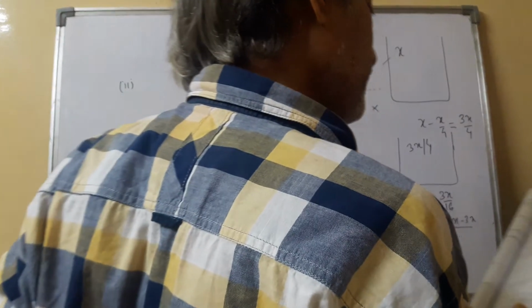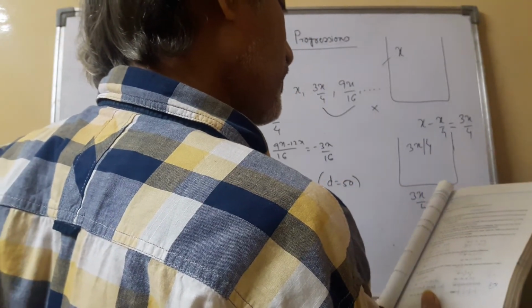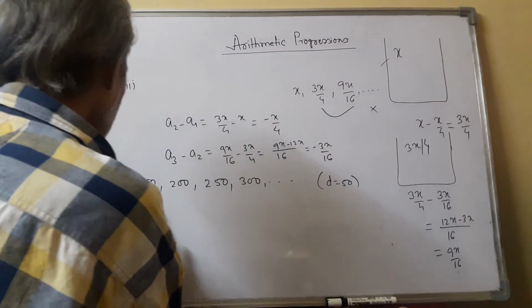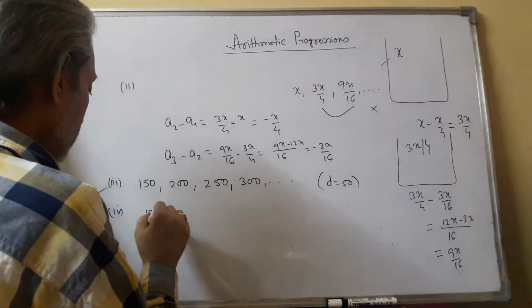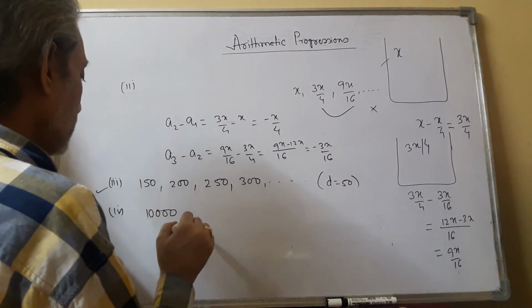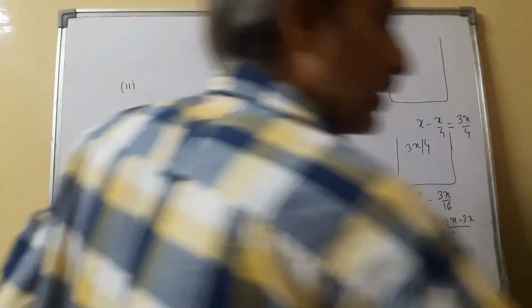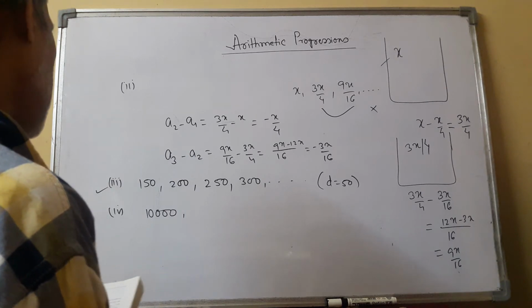The amount of money in the account every year when rupees 10,000 is deposited at compound interest at 8% per annum. What is the initial amount? $10,000. Initial amount is 10,000.